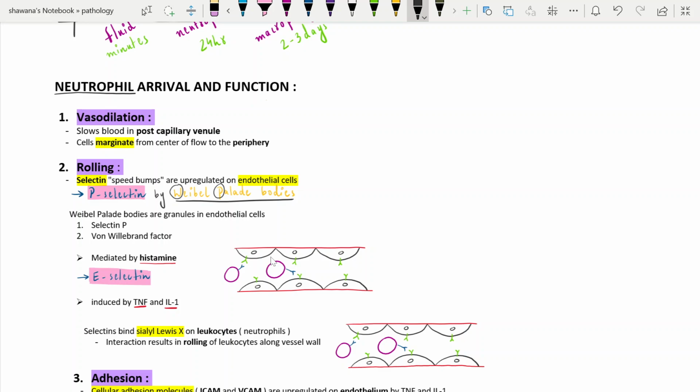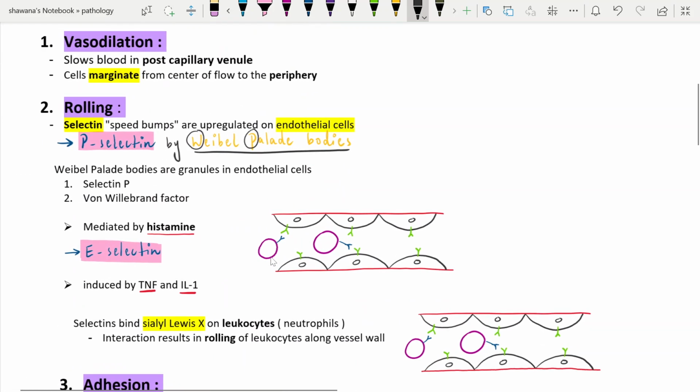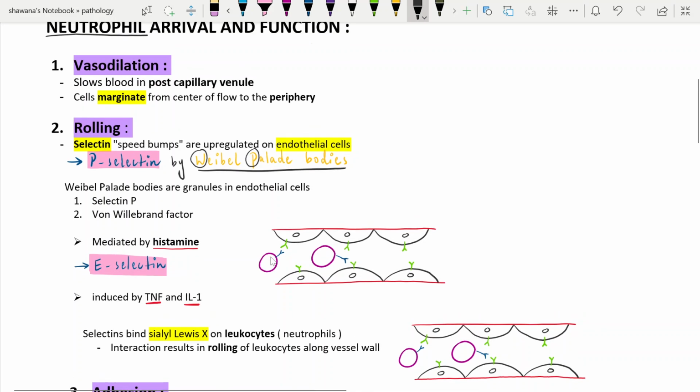First is the vasodilation. In the previous video, I told you that vasodilation occurs at the level of the arteriole, and increased vascular permeability occurs at the level of the post capillary venule. It means that when vasodilation occurs, the blood starts to move slower in the post capillary venule, and in normal conditions, the cells move in the center of a blood vessel.